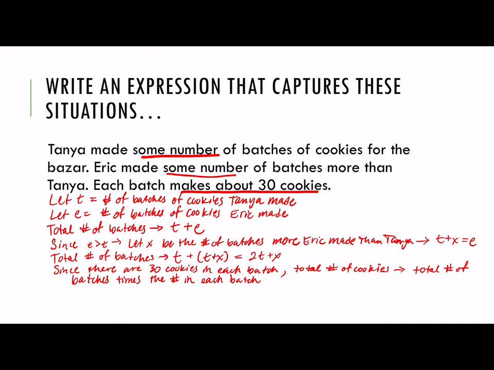So the total number of cookies is equal to the number of batches that Tina made multiplied by 30 plus the number of batches that Eric made multiplied by 30, which is the same as 30T plus 30E, to find the total number of cookies. So some pretty cool things that we can find out from our situations here.